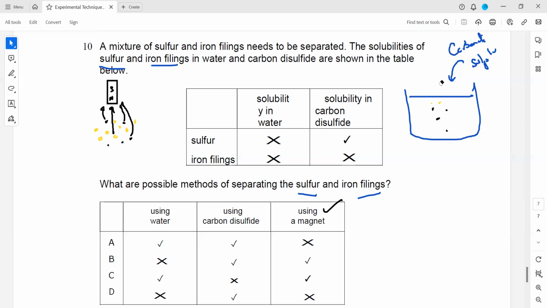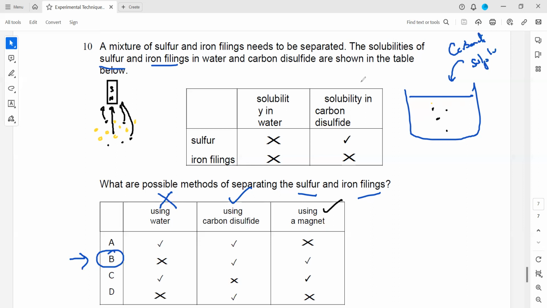What will happen when we carry out a filtration? Iron filings will be left on the filter paper, and the sulfur which is dissolved in carbon disulfide will pass through the filter paper. So using water, it won't work because both are insoluble, but using carbon disulfide, it will work. So that's why B is the right answer.